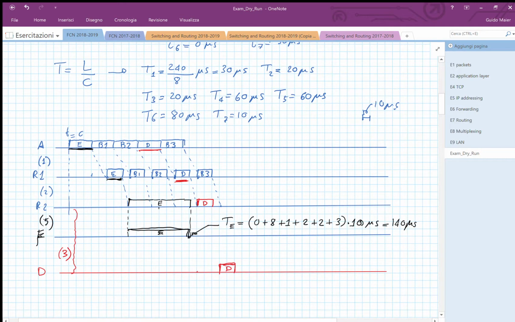Instead, I made a mistake on the transmission time of E, because it's going to E on link number 5 and not number 6, so the transmission time is 60 microseconds.